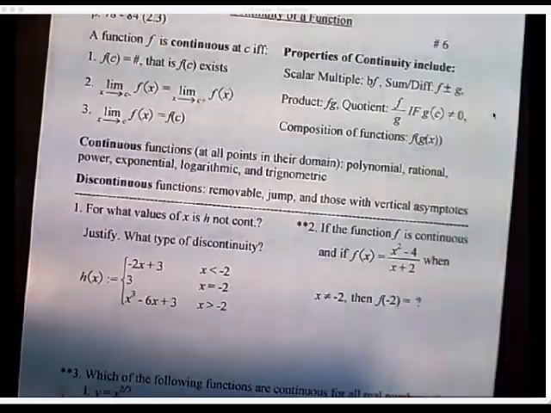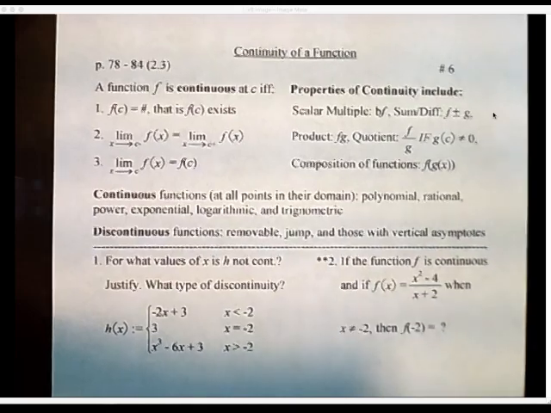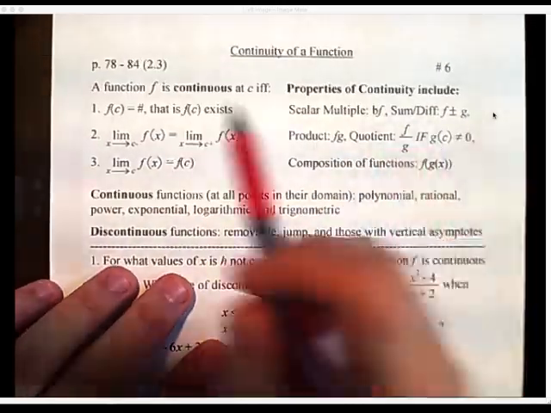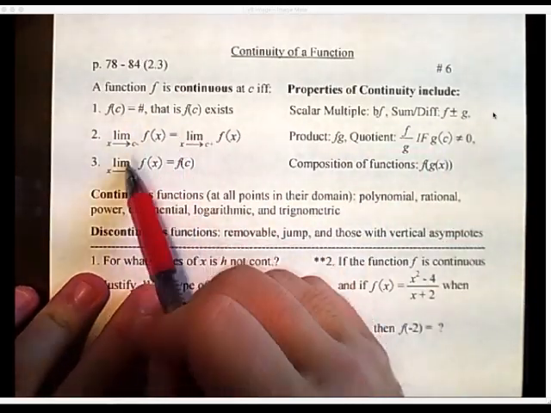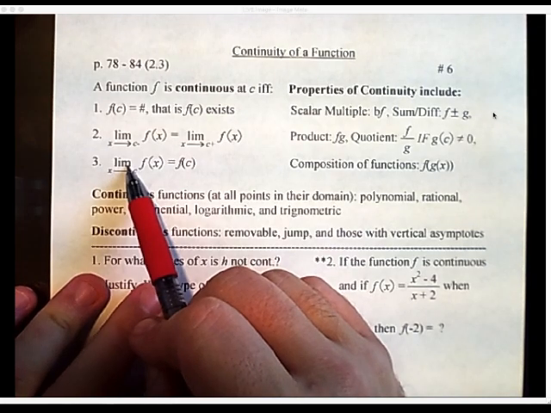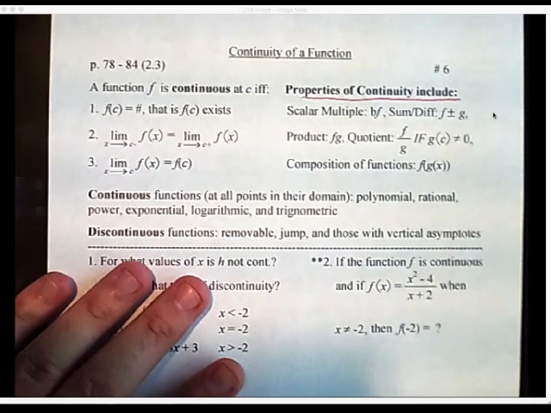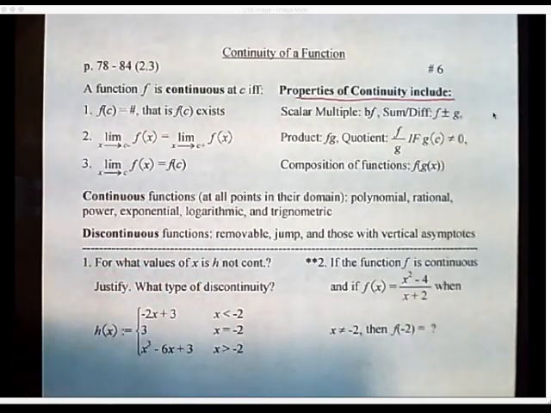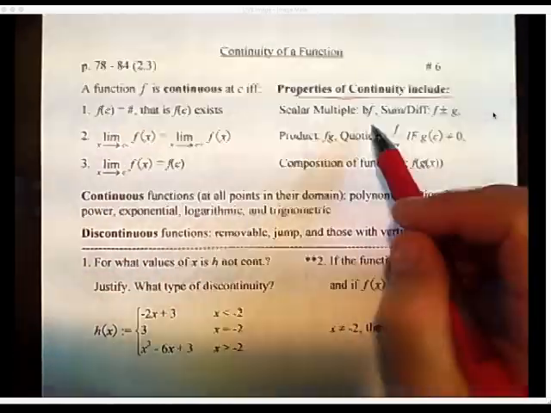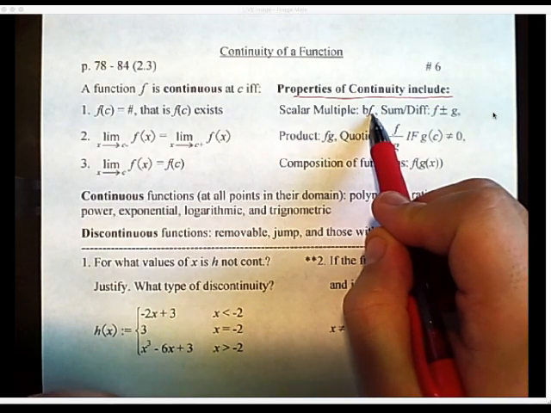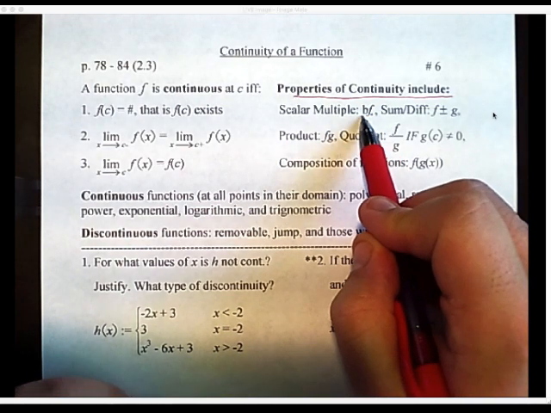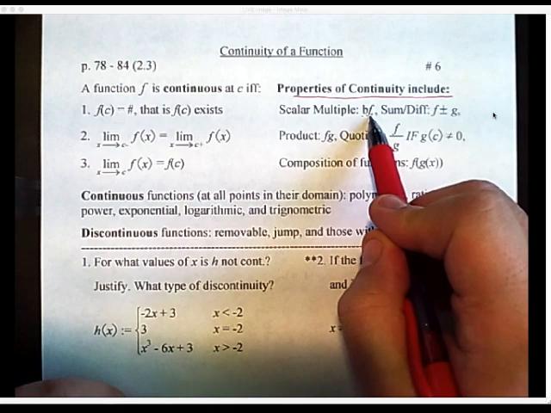Now let's jump into the note card itself. All right. And on note card 6, there's the same things that I just wrote, the three conditions, but there's also some other properties of continuity. So what does this mean? Like if you take a function f that's continuous and you just multiply it by a constant, then that would also be continuous.